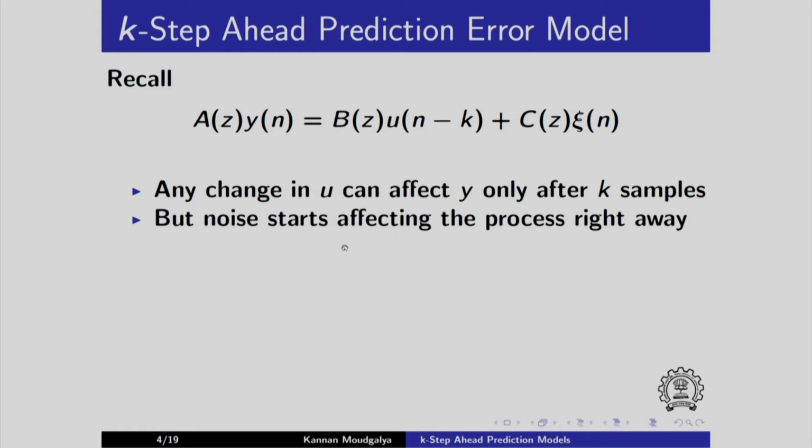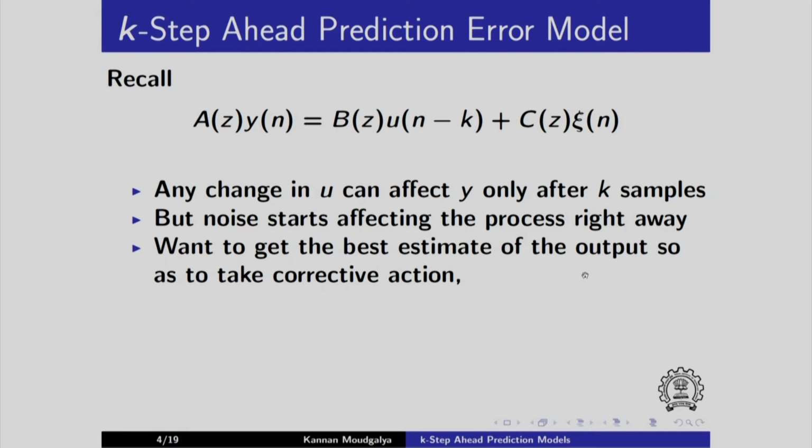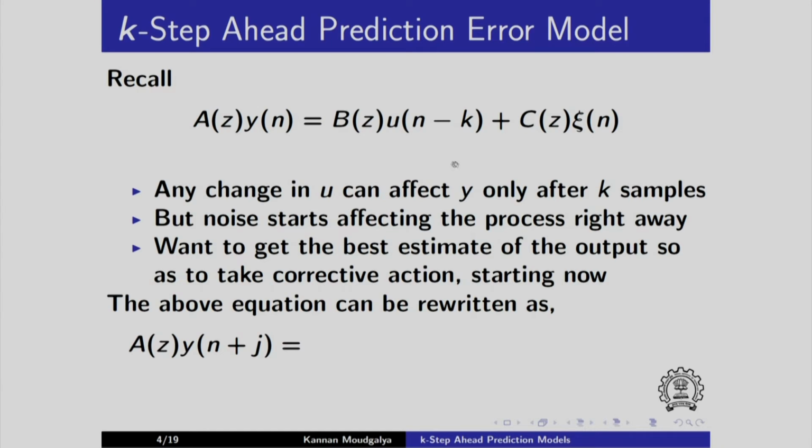But unfortunately, the noise starts affecting the process right away. We want to get the best estimate of the output so as to take corrective action starting now. That is, we want to take corrective action right away, even though its effect is going to be felt only after K samples. For that, we first write in terms of n plus j.